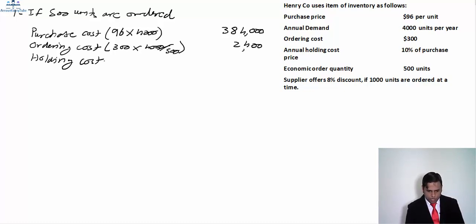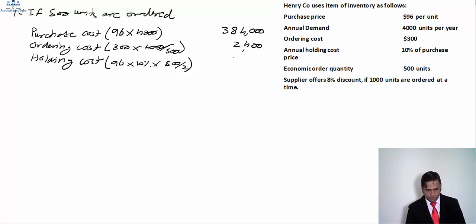Then we need to compute our holding cost. Holding cost, as the question tells us, is 10% of purchase price. Our purchase price is 96 multiplied by 10%, and we need to adjust this according to the average EOQ.